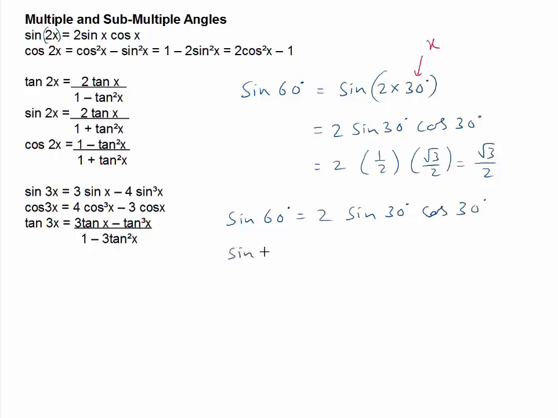Another example: let's say I need to write sine of 15 degrees. Instead of following a long process, we can just write 2 sine of half the angle, which is 15 by 2, which is 7.5 degrees, multiplied by cos 7.5 degrees, and so on. Students are advised to memorize all these formulas. Now let's see a question.